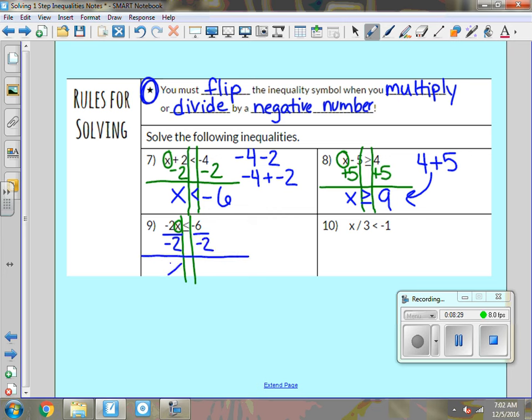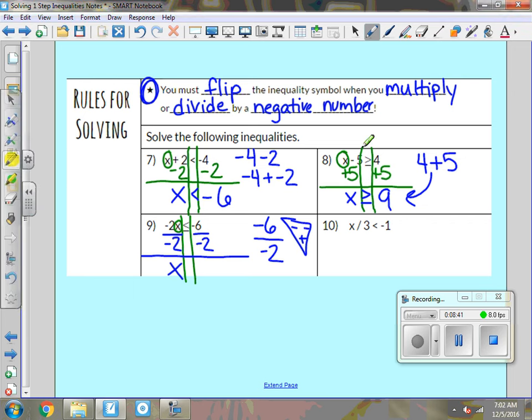Now I'm going to have x, and then I had -6 over -2. And if I look at Mad Bob, I have a negative and a negative. So that means that I have left over a positive. And that's going to be 6 divided by 2 is 3. So I know it's going to be a positive 3 here.